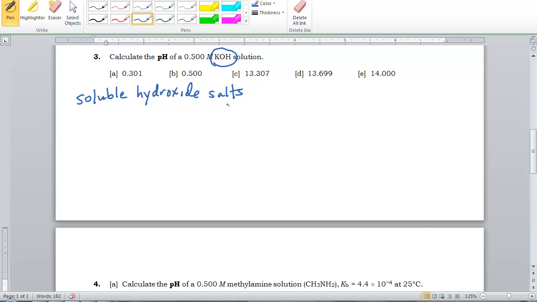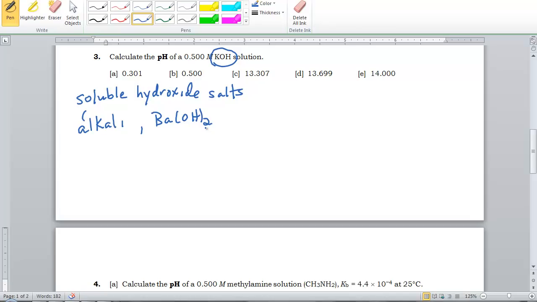Really, the only soluble hydroxides are the alkali metal hydroxides and then also barium hydroxide. That's it. Depending on what table you look at, calcium hydroxide's kind of soluble. Strontium hydroxide, slightly soluble as well, but we'll just ignore those for now.